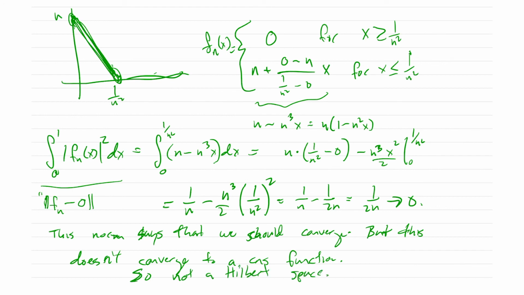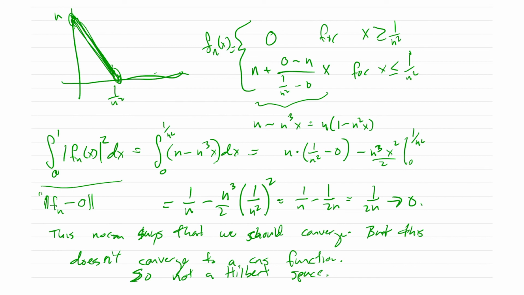And part of the big reason this is an issue is that with continuous functions, ever since Calculus 1, we were told to watch out for holes. If it has holes, it's not continuous, right? And so what we're saying is that we're converging to a function that has a hole at the origin. And therefore it's not continuous. Is this a big deal? Well, it depends on the context.